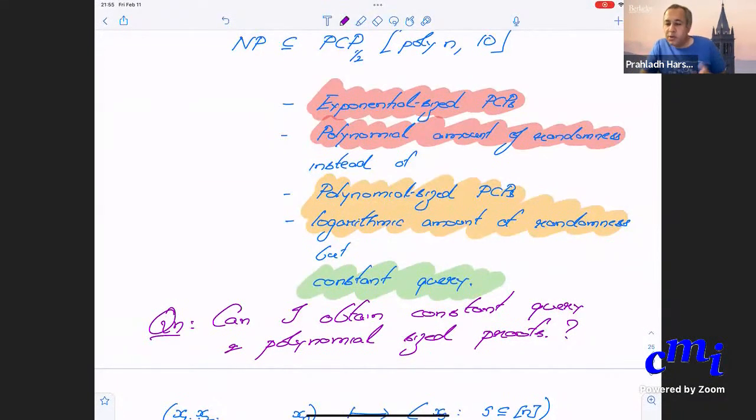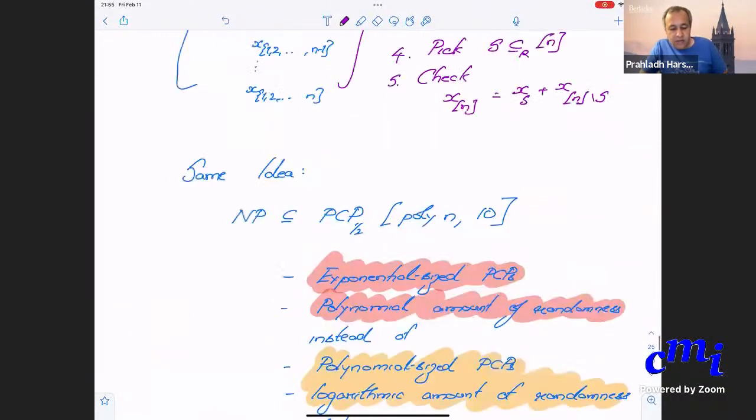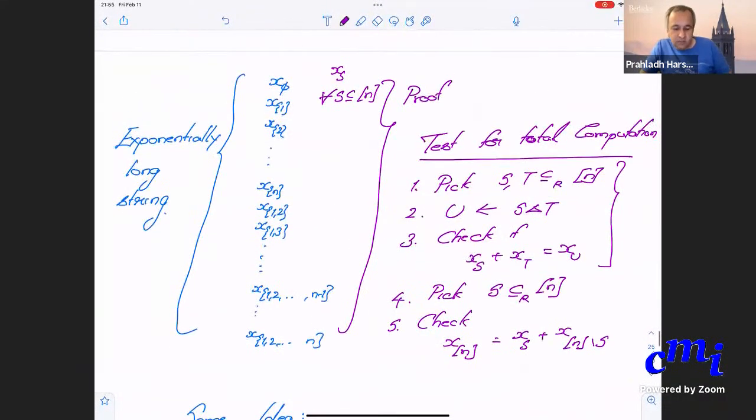So what I will do in the remaining few minutes is sort of tell you that this idea which I gave here is not something we pulled out of the blue. It's actually what's called the Hadamard encoding of a string. And we'll see that there are other encodings which will allow for more efficient ways of writing things.